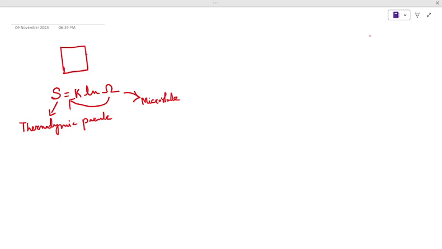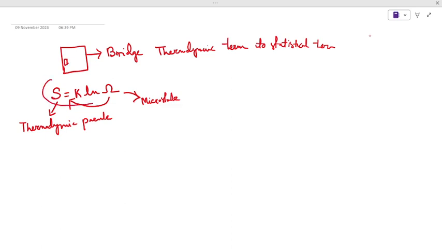I already told you an ensemble is a type of bridge which connects the thermodynamic term to the statistical term. This is the theory behind the ensemble. So this we get in the microcanonical ensemble.